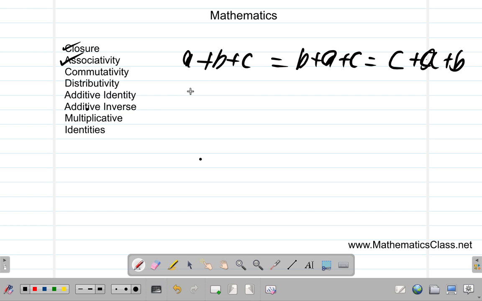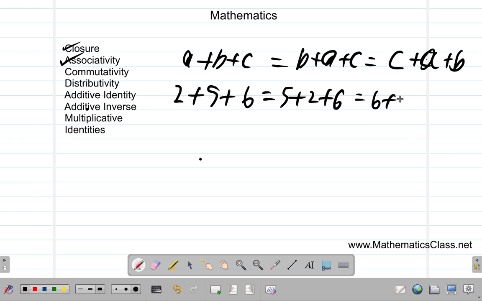Now, it's like you say 2 plus 5 plus 6. It should be the same thing as 5 plus 2 plus 6, and the same thing as 6 plus 2 plus 5, and so on. Right? Now, 2 and 5 are 7. 7 and 6, how much? 13.